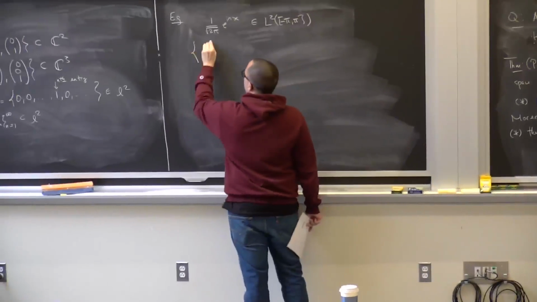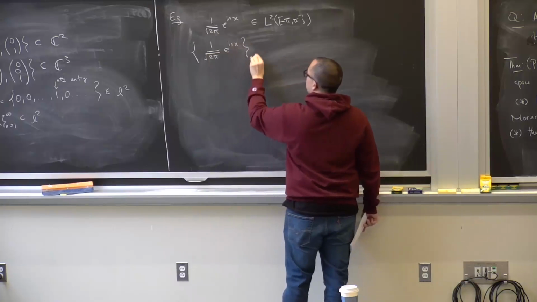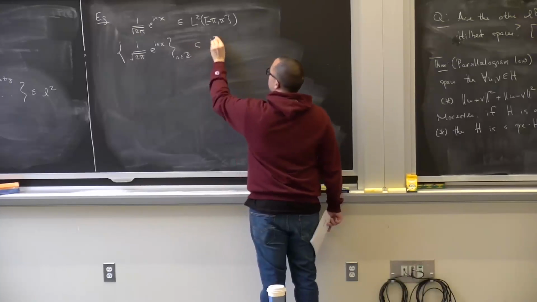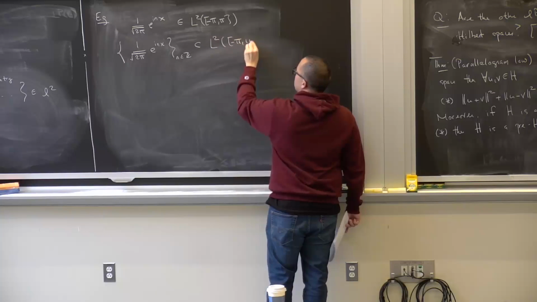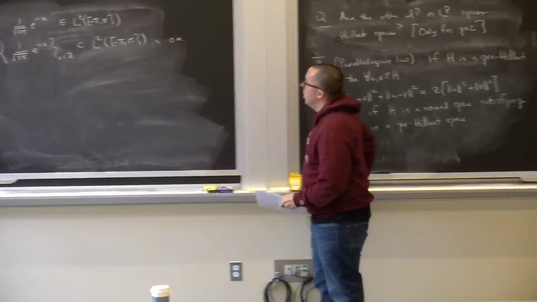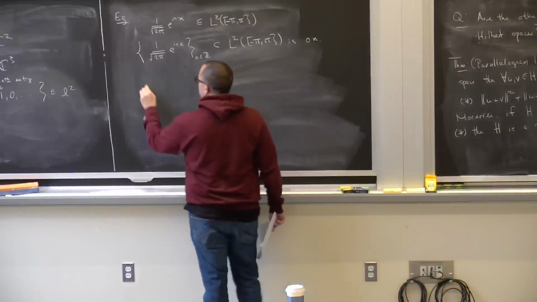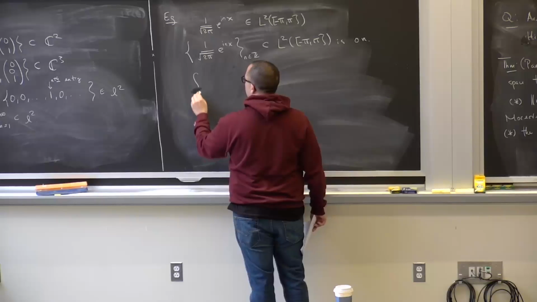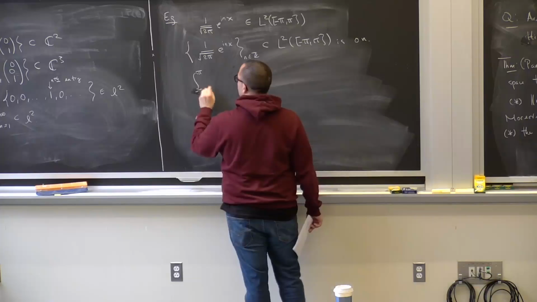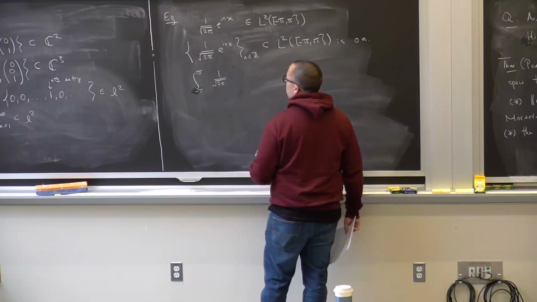Then this is an orthonormal subset of, I might write ON instead of writing out orthonormal, but this is an orthonormal subset of L2, right? Since if I take the inner product of two of these guys, let's say I just look at two different ones.